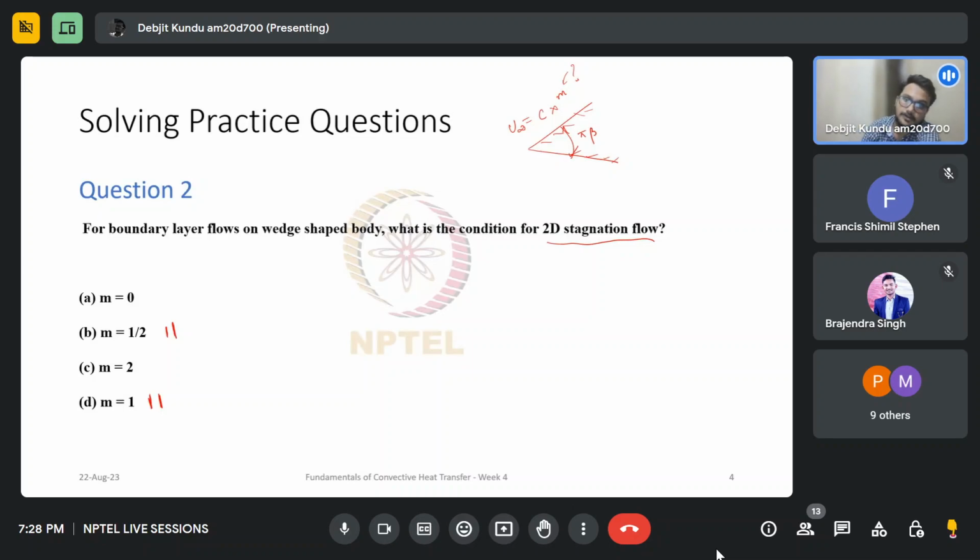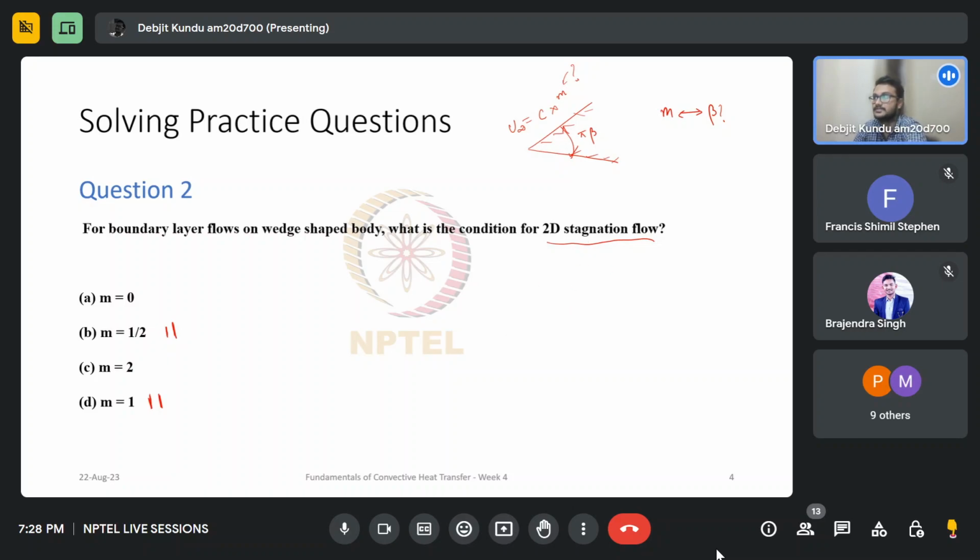So for boundary layer flows on wedge-shaped bodies, what is the condition for 2D stagnation flow? We know that there is a relationship between m and beta, right? So once we figure out what beta is for a stagnation flow, then we can find it out. So what is a 2D stagnation flow?